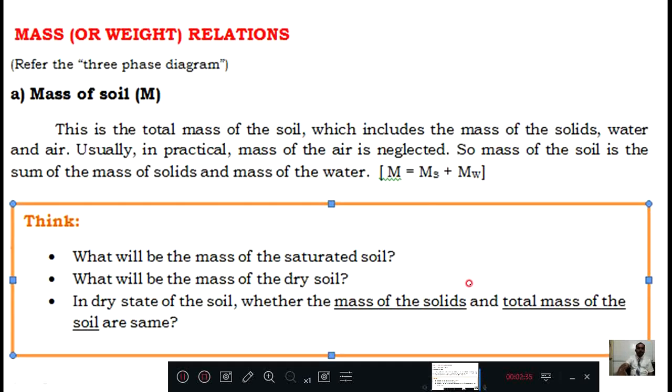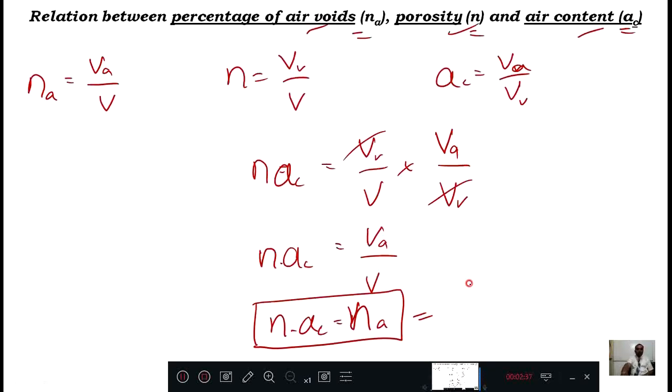Okay, now till now we studied volume relations. In volumes, we have volume of voids, volume of water, volume of solids, and volume of air, and total volume we defined. After that, 5 terms we defined: the void ratio, porosity, degree of saturation, air content, and percentage air voids.